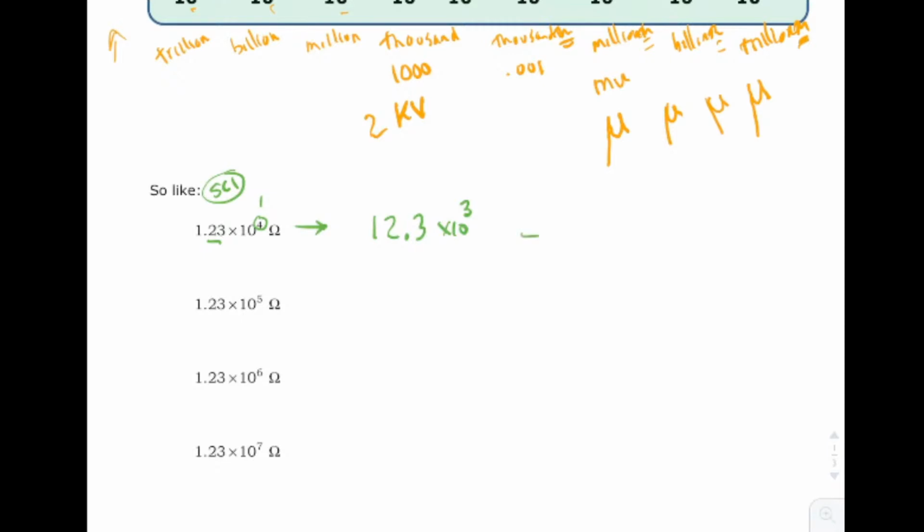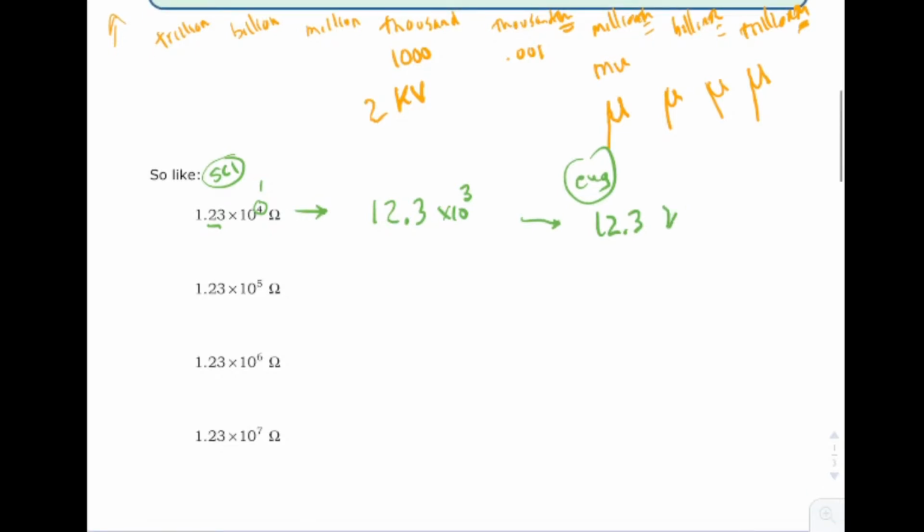And now here's the engineering notation over here. It's when you put the kilo in. And notice, this is important. 10 to the 3 goes out. The kilo goes in. Let's just pretend these are all ohms. That's a symbol for ohms. And this will be kilo ohms.